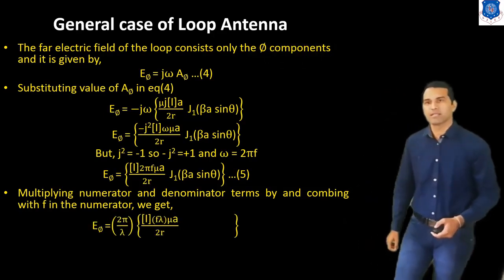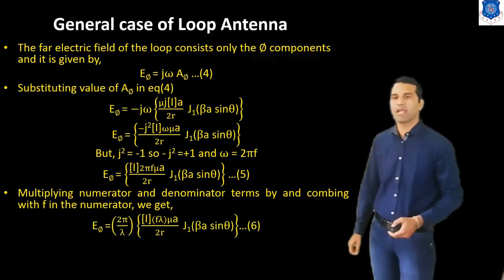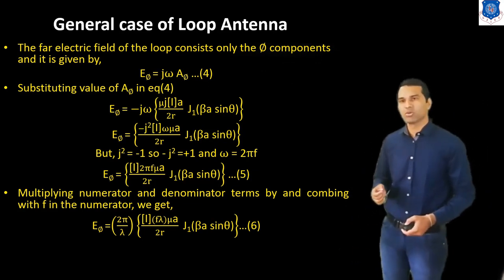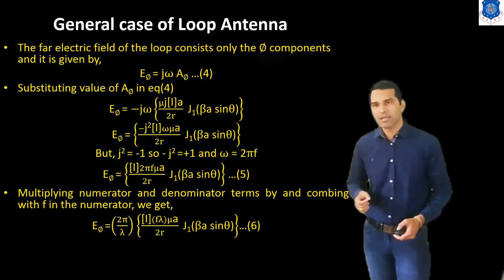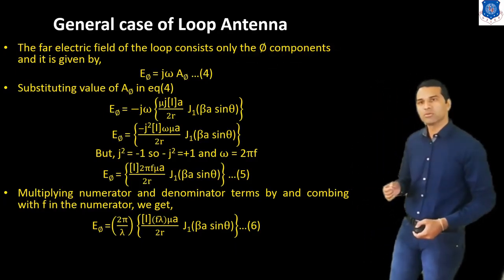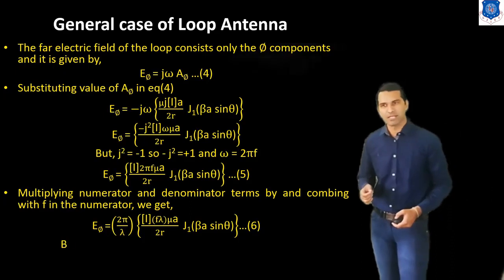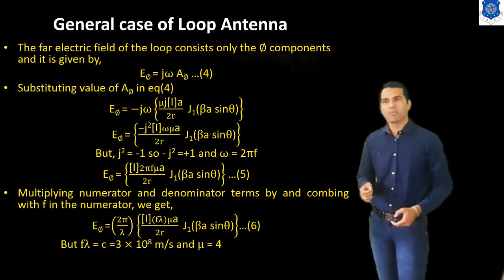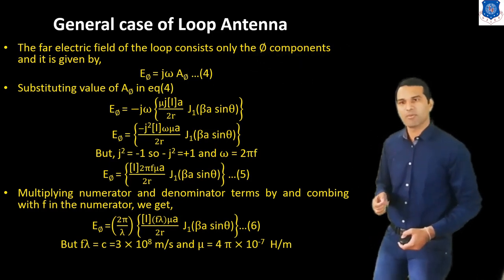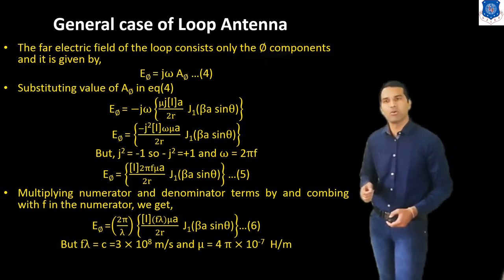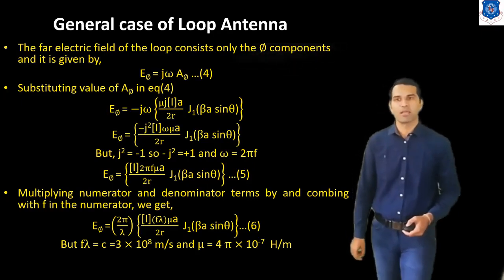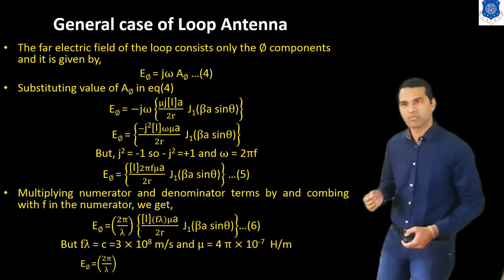Now we multiply and divide by lambda, combining f in the numerator. So we can write this equation as 2 pi by lambda I f lambda mu A upon 2r into J1 beta A sin theta. But we know that f into lambda is nothing but c, and the value of c is 3 into 10 raised to 8 meter per second, and the value of mu is 4 pi into 10 raised to minus 7.